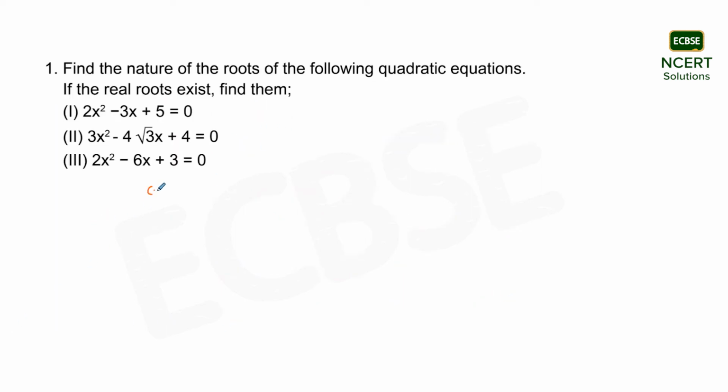Okay, now coming to the third quadratic equation. So here the quadratic equation being provided is 2x square minus 6x plus 3 is equal to 0. Comparing this with the standard form, here the value of a is 2, b is equal to minus 6 and c is equal to 3.